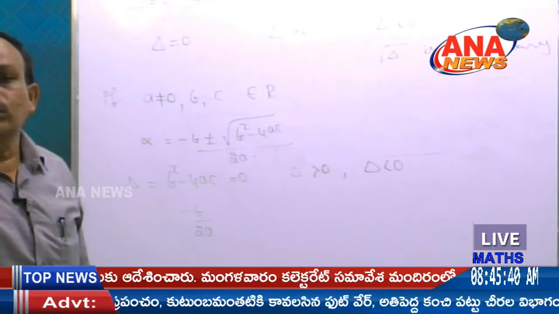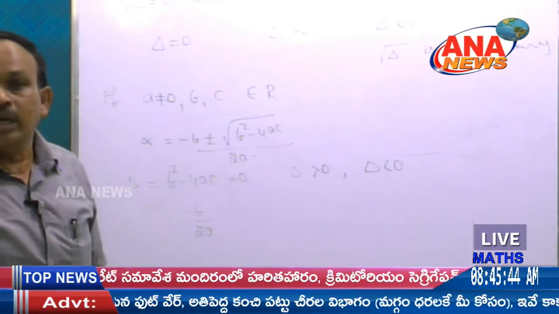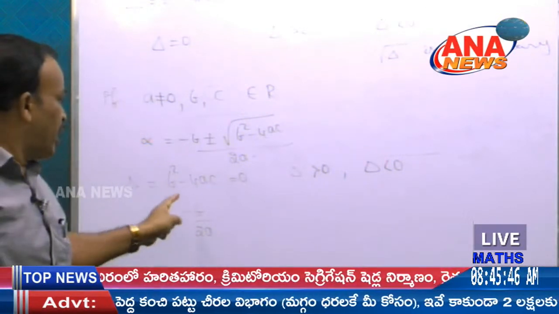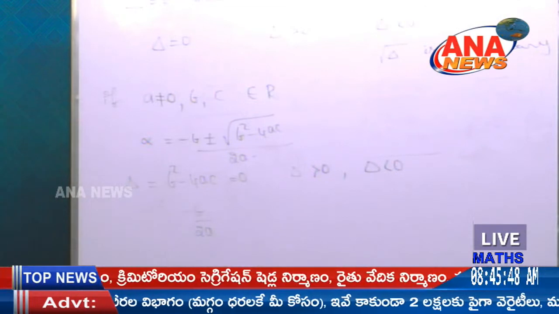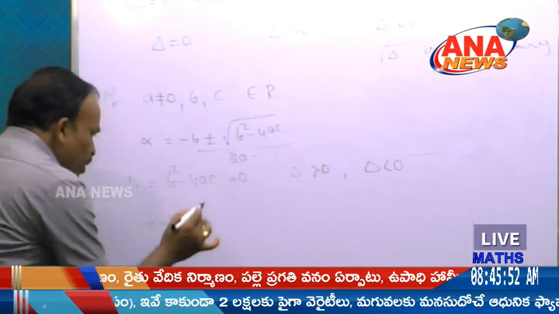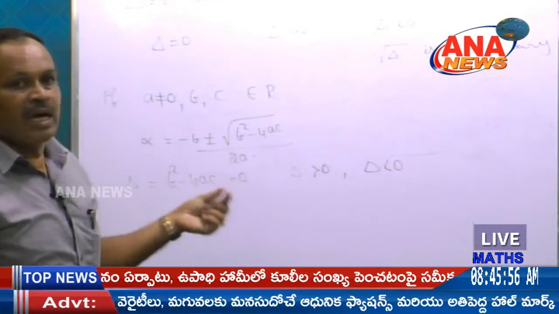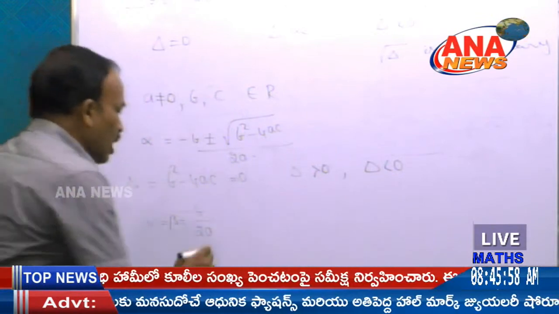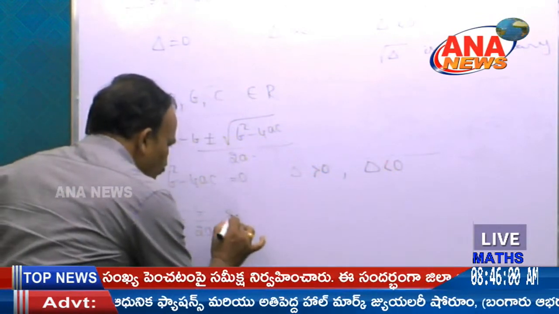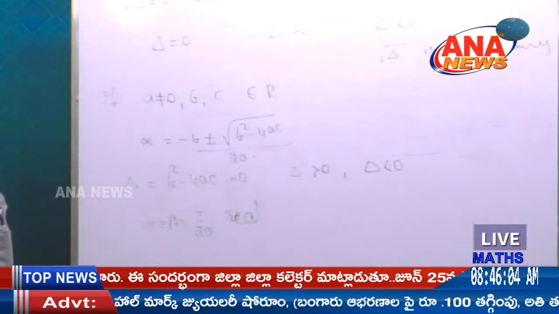So the roots are equal real numbers: alpha is equal to beta is equal to minus b by 2a. Both roots are equal and real. If a, b, c are real, both roots are real values.